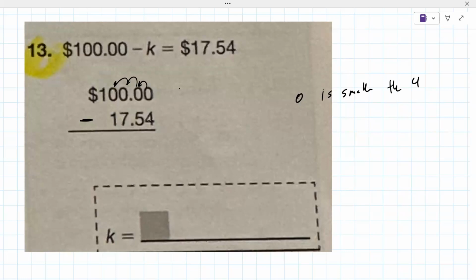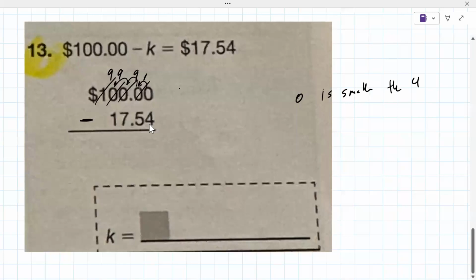Okay, so you go until you can borrow. You can borrow from the 1. And so you actually change all of these into 9s. 9, 9, 9, and then the last one is 10. So you put a little 1 there, and now you can subtract.